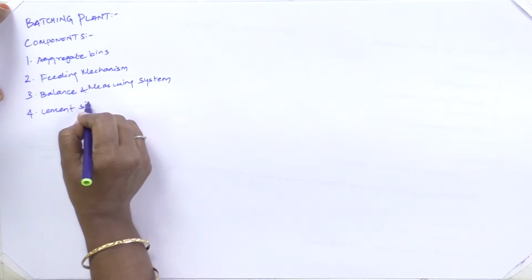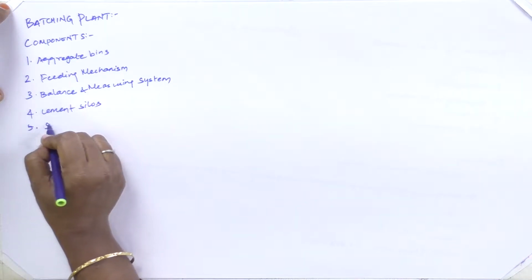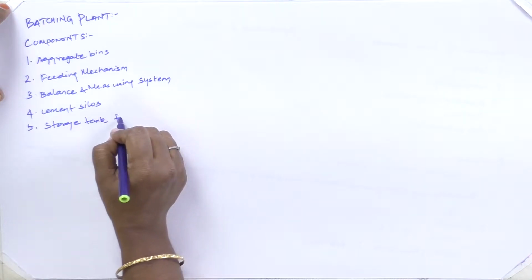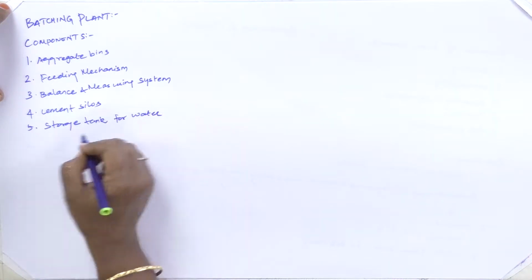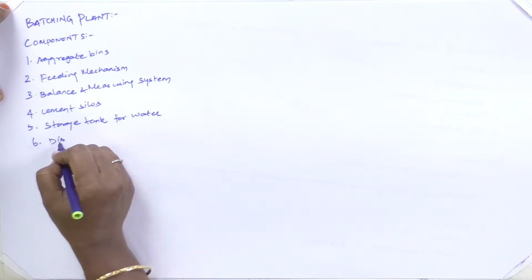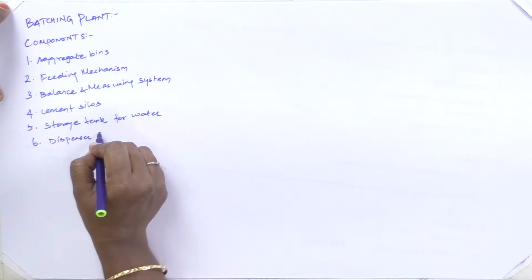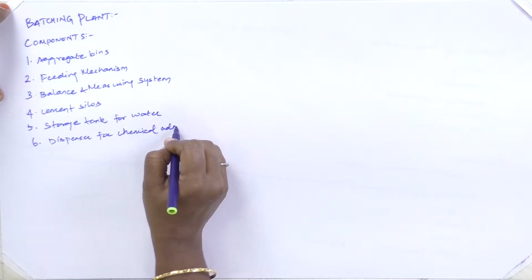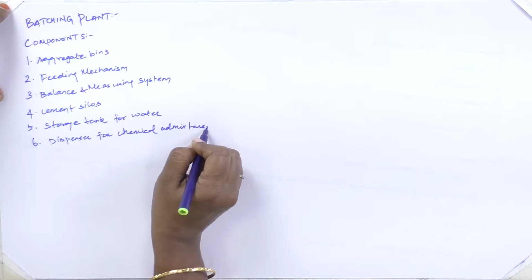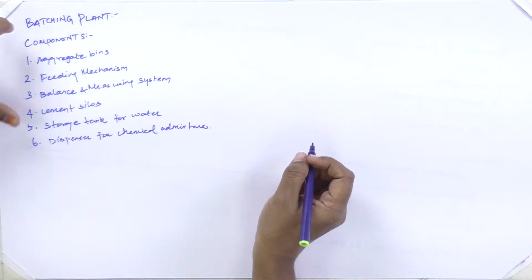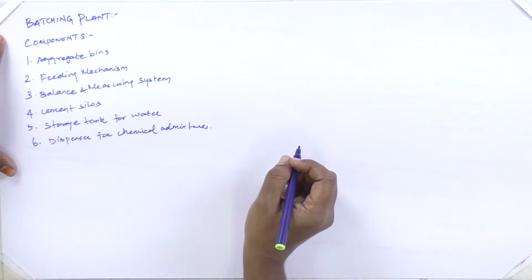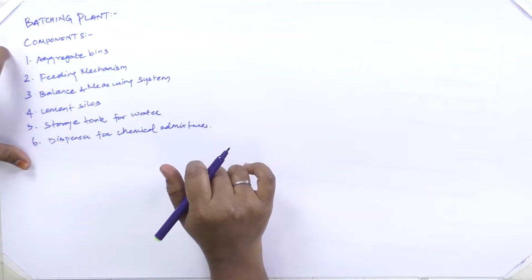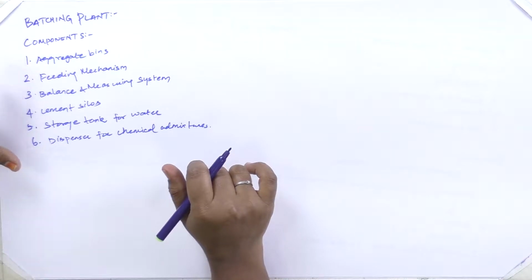Then cement silos, storage tank for water, and dispenser for chemical admixtures. These are the components of a batching plant.